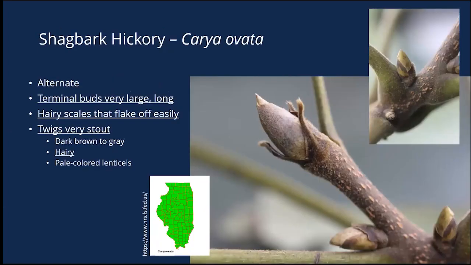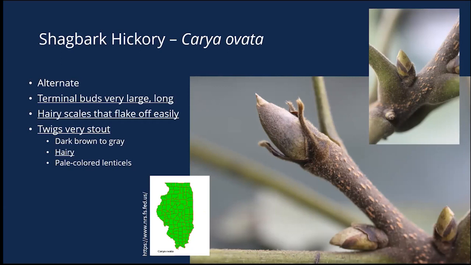So the first is our shagbark, one of the most common trees across the state, and usually one of the easiest to identify because of the big shaggy bark, right? But when they're young, sometimes their bark isn't shaggy. And so you're looking at their twigs. They are very stout twigs, and their terminal buds are very large and elongated. So they have long terminal buds, but they're usually not any bigger around than the twig itself, right?